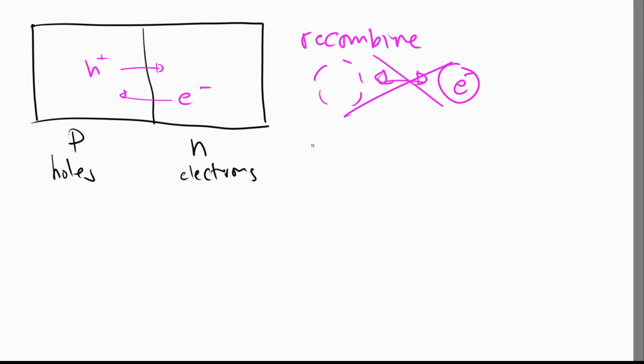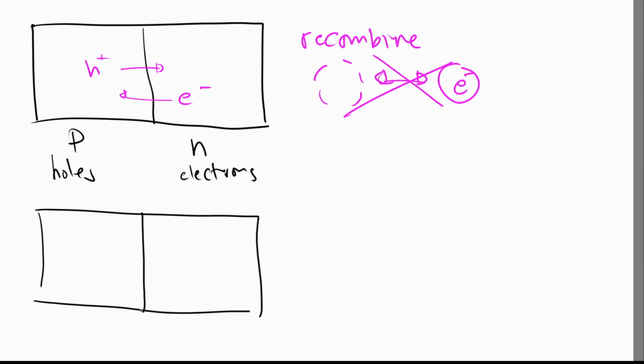So the diffusion of these charge carriers would lead to the recombination of the holes and their electrons. So they would essentially cancel out, and this would leave uncompensated acceptors at the p-type region and uncompensated donors in the n-type region.